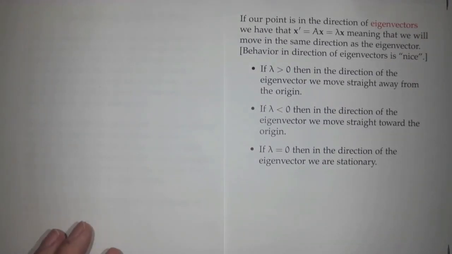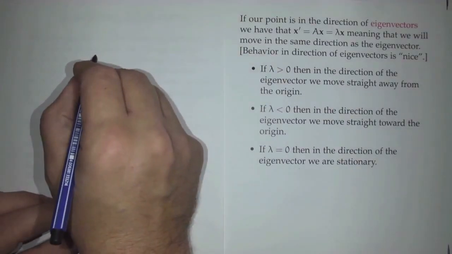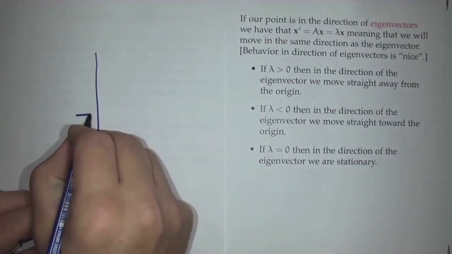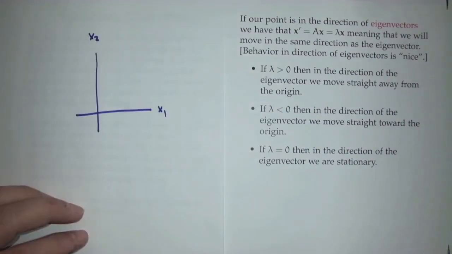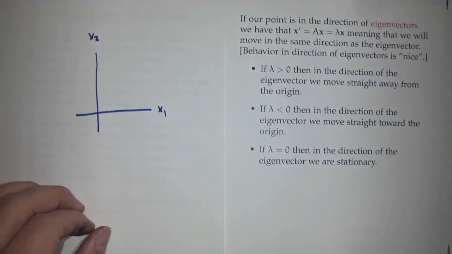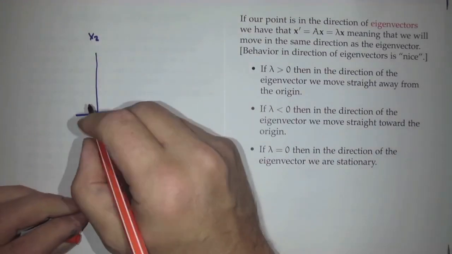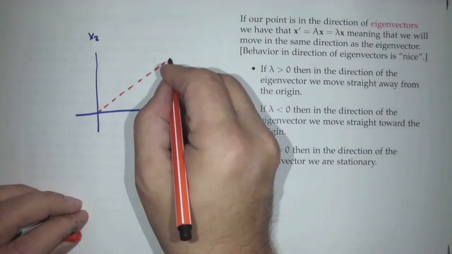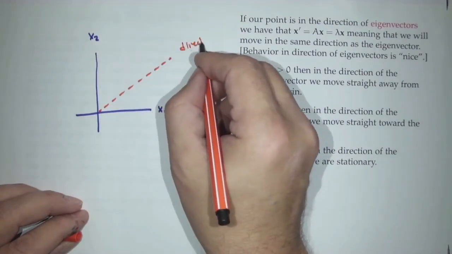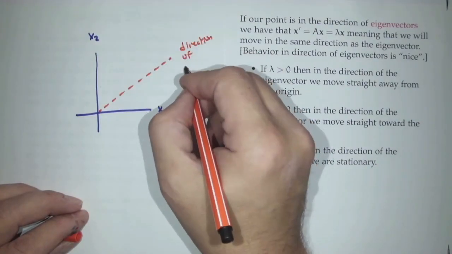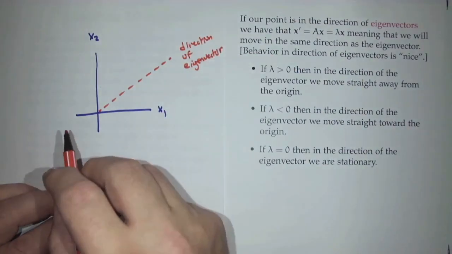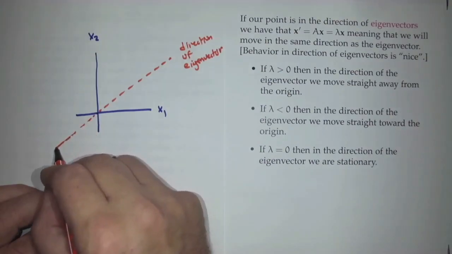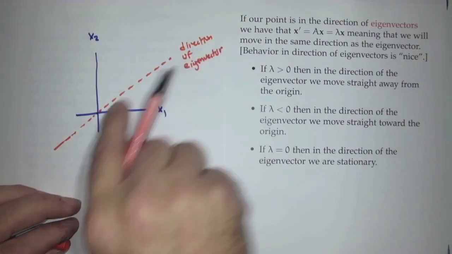So when we think about eigenvectors in relationship to our direction fields, we'll have here our x1, here's our x2, and now let's suppose that this is the direction of an eigenvector. Now remember, we can always scale, so the eigenvector points in that direction.